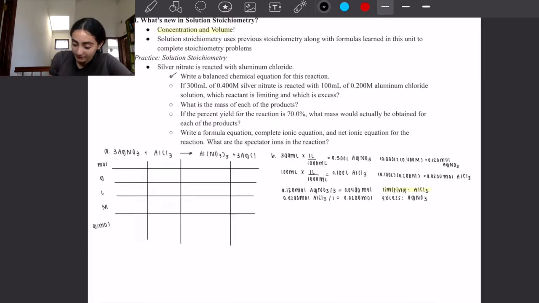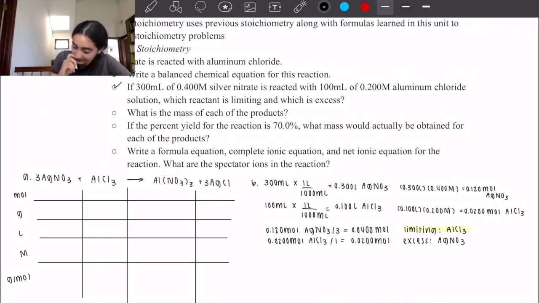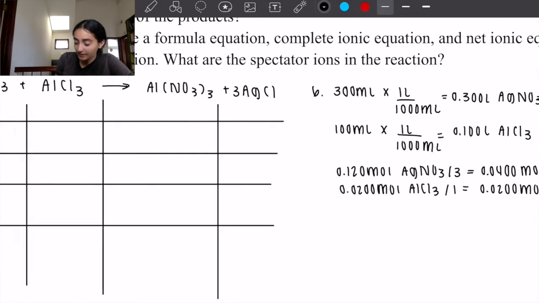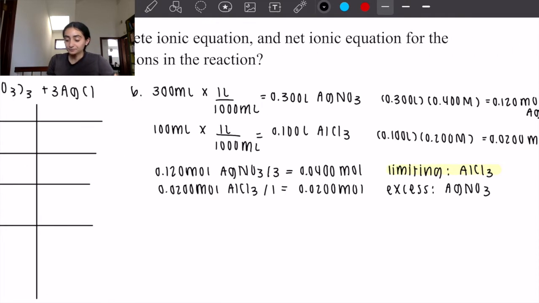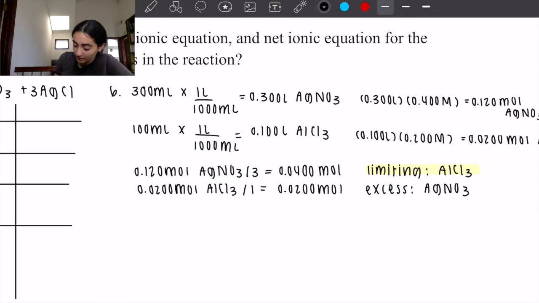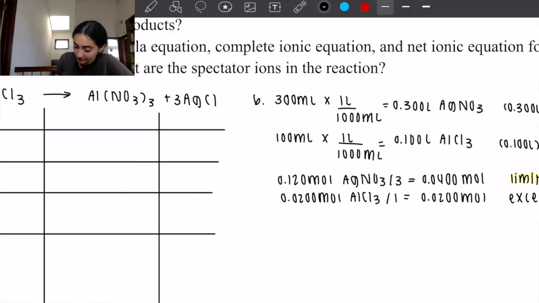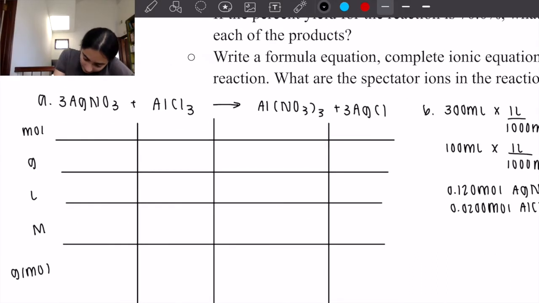All right, so let's move on to part C. What is the mass of each of the products? So let's put in the amount of moles we have. Remember, we are using the amount not divided by the coefficient. So we are going to put in our limiting amount of AlCl3, which is 0.0200, and AgNO3 is 0.120.